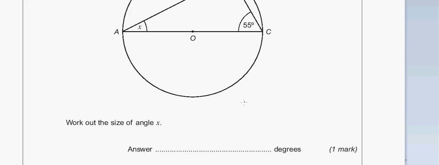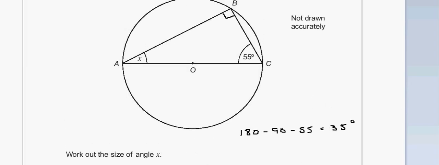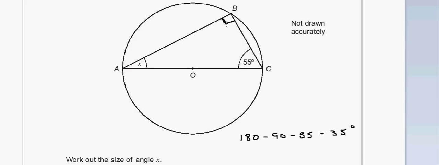So it would just be 180 minus 90 minus 55. 90 and 55 are 145. 180 minus 145 gives me 35 degrees. It's only worth 1 mark, so not a huge amount of work to do on that. But this part of the theorem is really important, that you need to know that this creates a right angle. And now we move on to the next question.